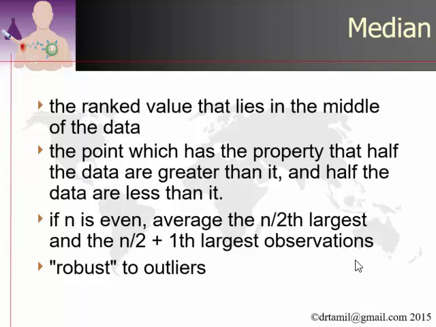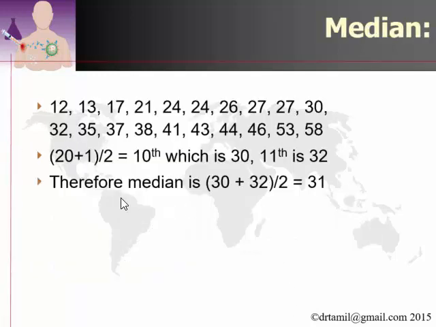Okay. If the sample size is even, example here in our sample size we got only 20. So median is middle point. Nice thing about median, you have a lot of extreme values, it doesn't matter because it is robust to outliers. So here's the data set 12, 13, 17, 21, 24. Okay, these are all data set. So now we want the middle point.